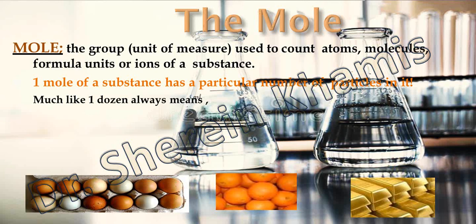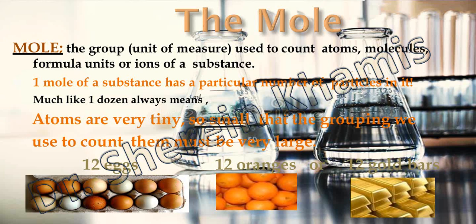Much like a dozen: it means anything that contains 12. Here we have 12 eggs in the picture, 12 oranges, 12 gold bars. So one dozen contains 12 of anything.